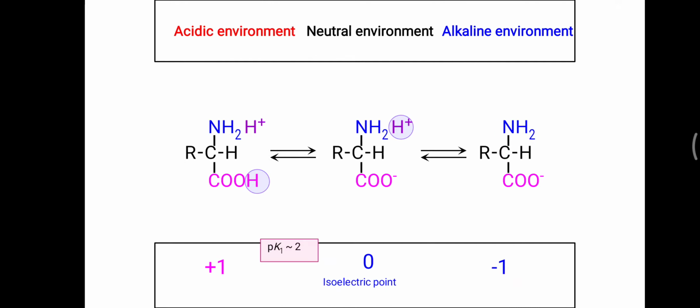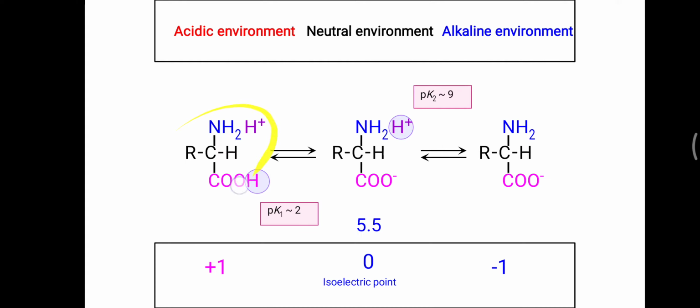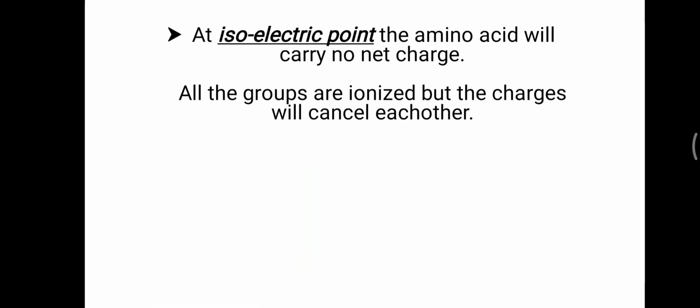At the particular pH where 50% of molecules are in the positively charged condition and 50% in the zwitterion form, that is called the pK1 value. Opposite to that, 50% of molecules in a negative charge condition and 50% in a zwitterion condition is called the pK2 value. And from this pK1 and pK2, the isoelectric point is calculated.